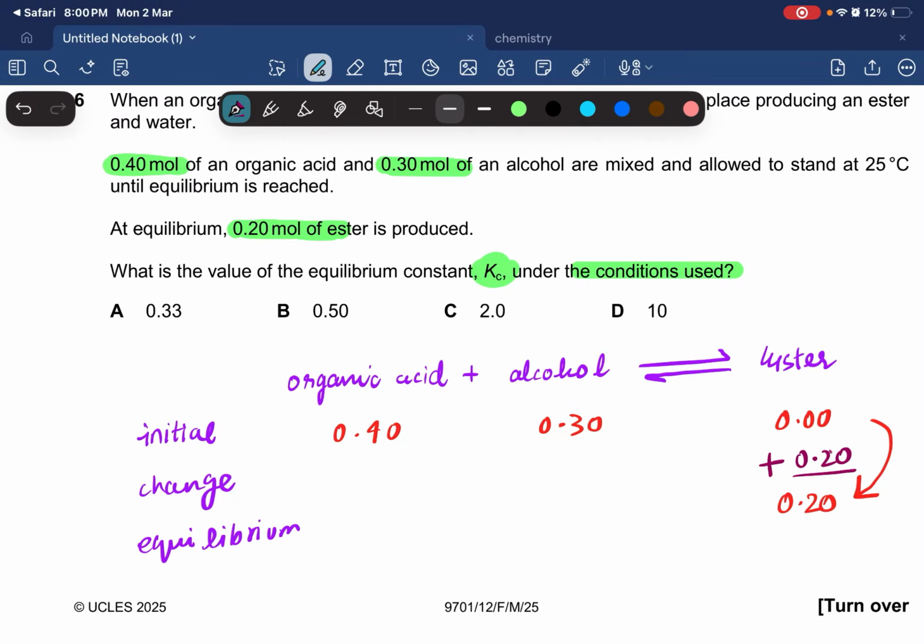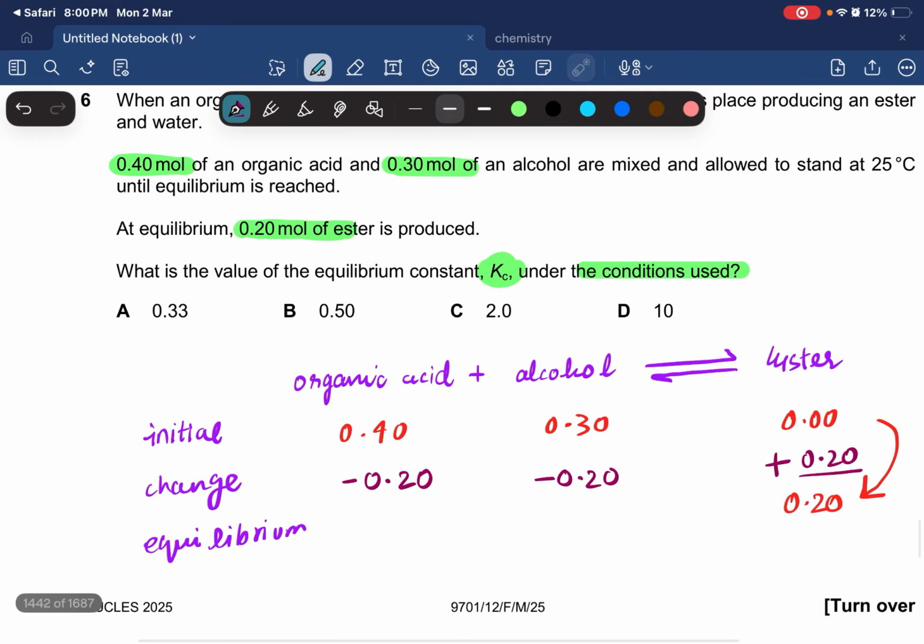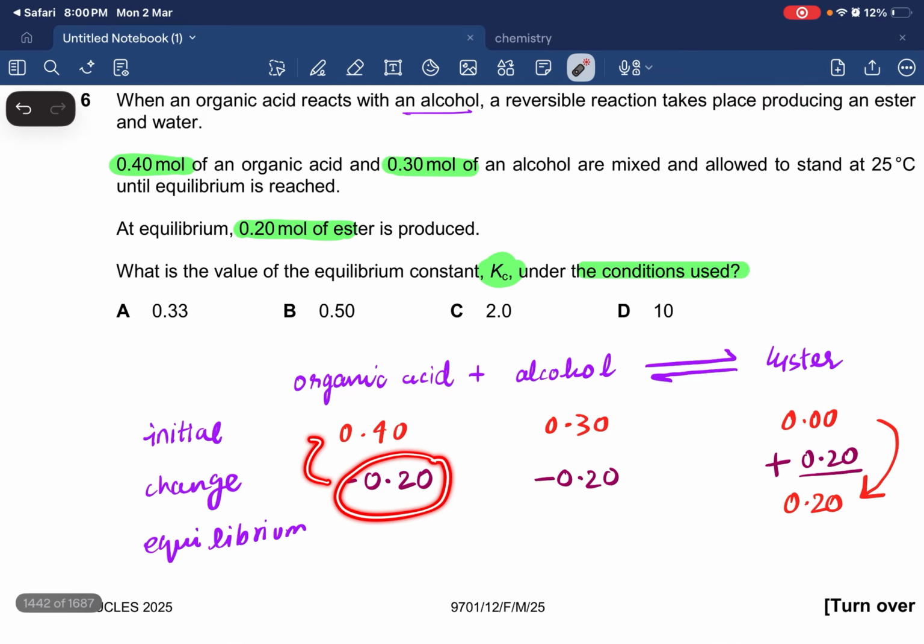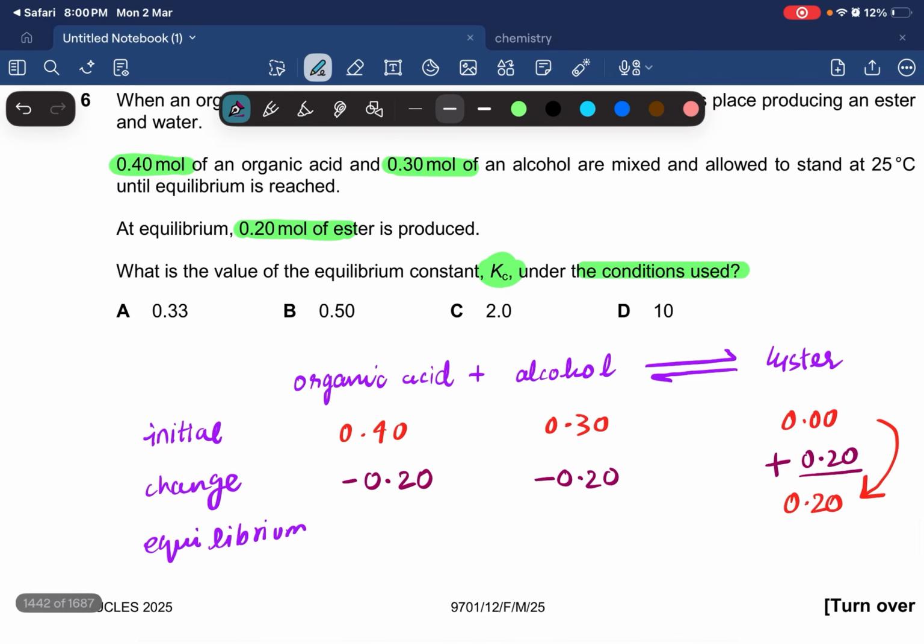So if 0.2 moles of this ester are produced, 0.2 moles of the alcohol and 0.2 moles of the acid are going to be used. So now if we subtract 0.2 from the initial moles, let's find the equilibrium moles. Over here it's going to be 0.20, over here it's going to be 0.10. Okay, so now we have the equilibrium moles of all three.